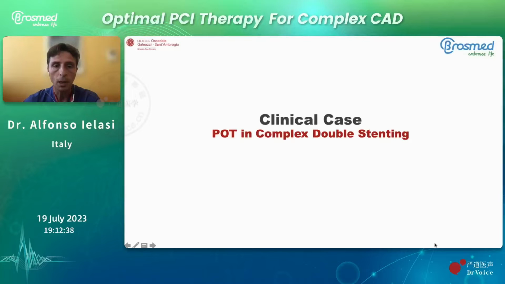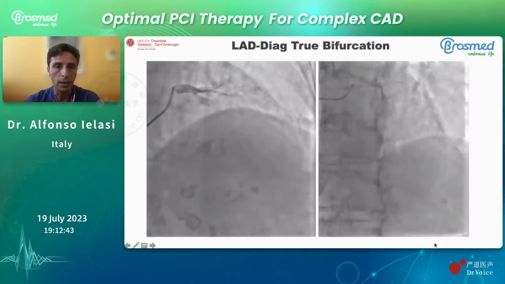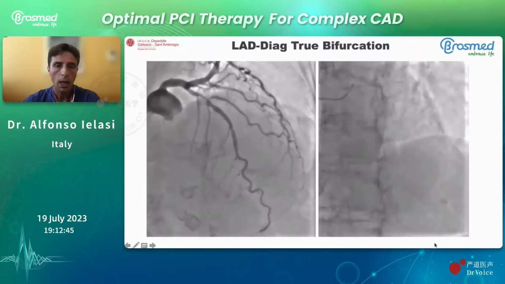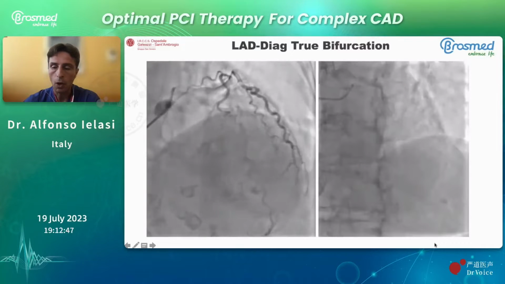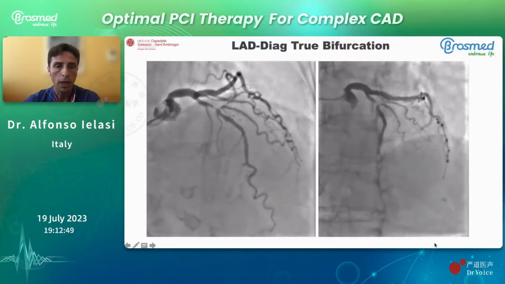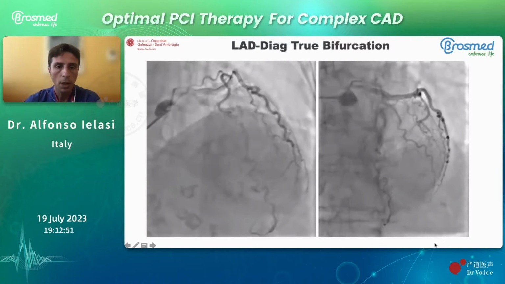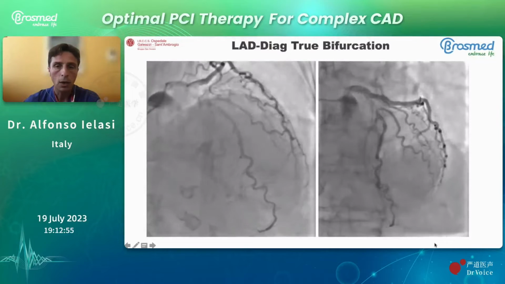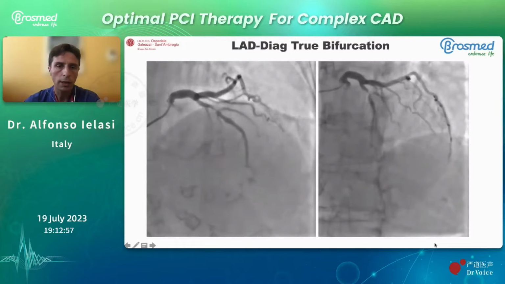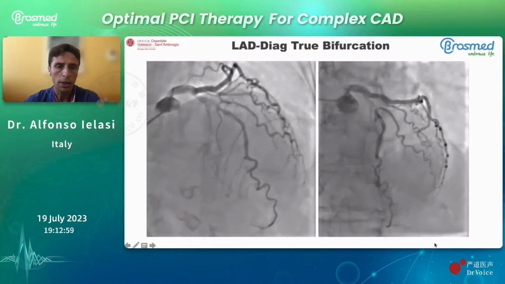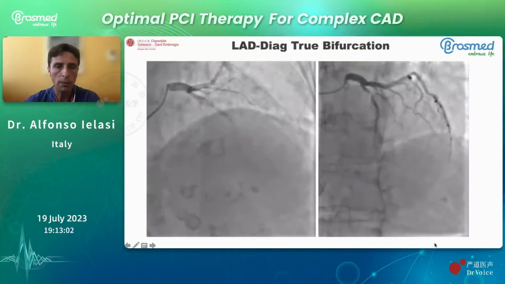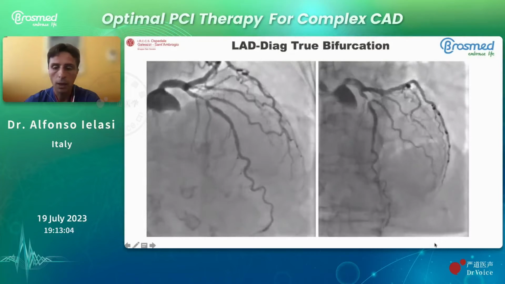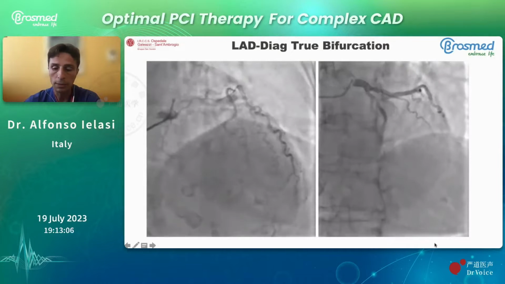So what about POT in complex double stenting? This is a case of an old lady with a bifurcation lesion involving the proximal LAD and the ostial diagonal. The takeoff of the diagonal is relatively complex because there is very little room proximally to move the wire toward this branch.